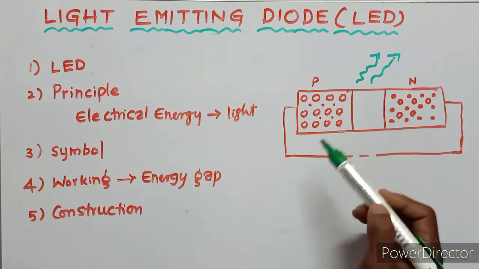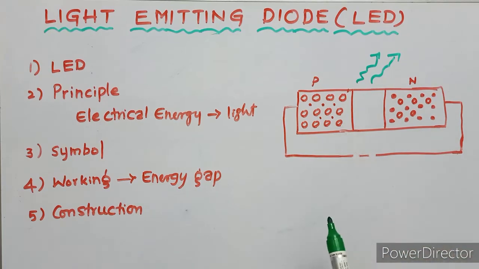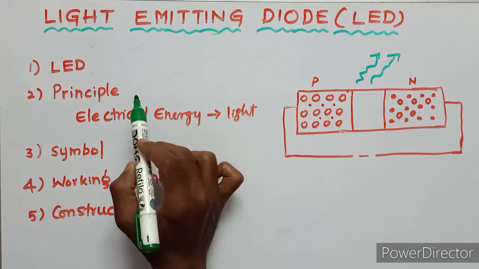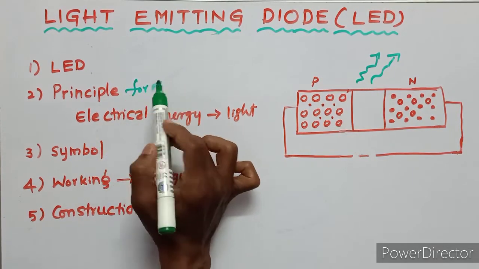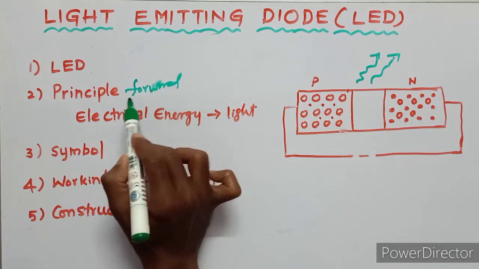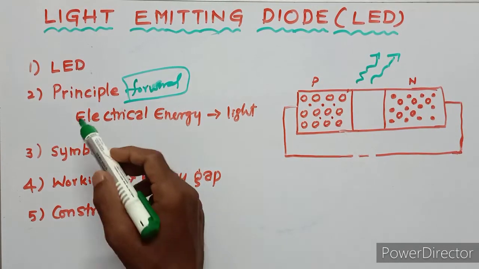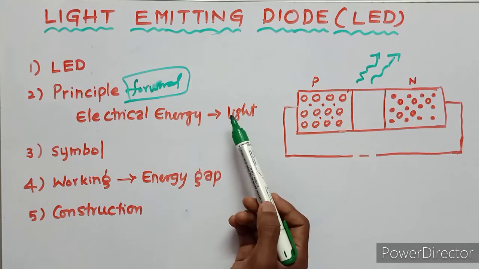LED allows the flow of current in the PN junction diode in forward biasing. First of all, we must remember the forward biased. Here the basic principle is that electrical energy is converted into light.